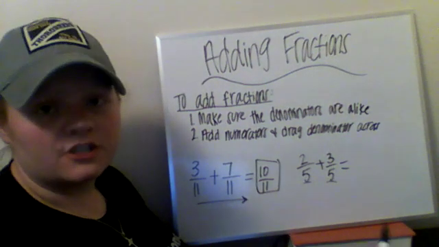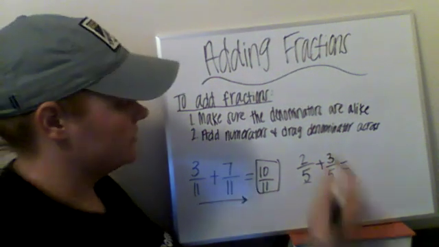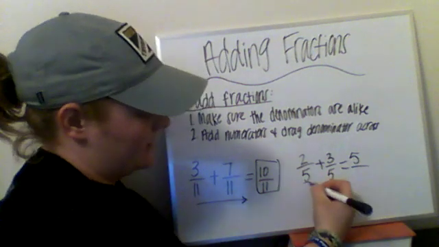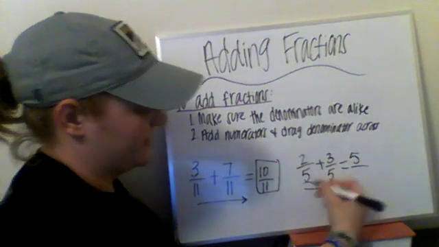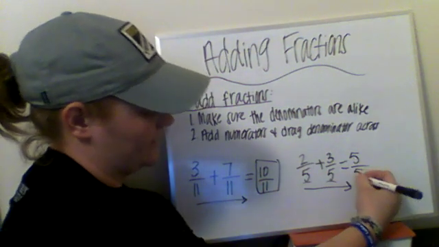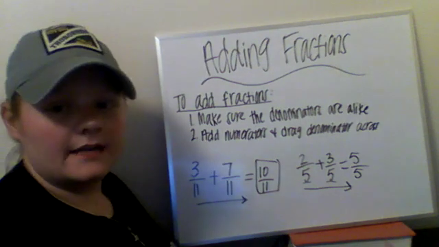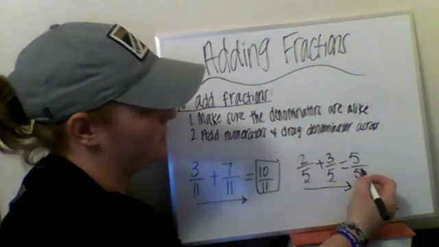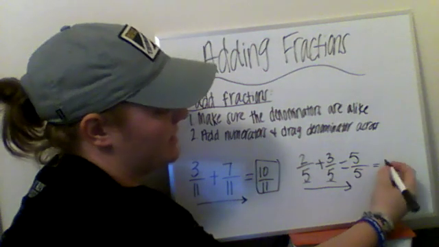So what you can do is just add across. 2 plus 3 is 5. Then drag your denominators across since they're alike, and it's 5. Oh, looky there, my fraction is 5/5. 5/5 represents the same thing as 1.